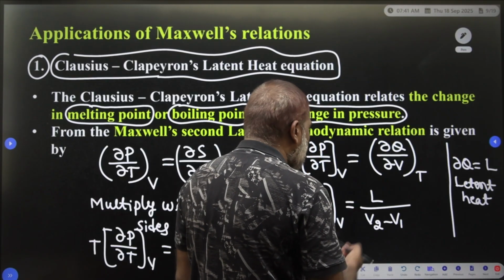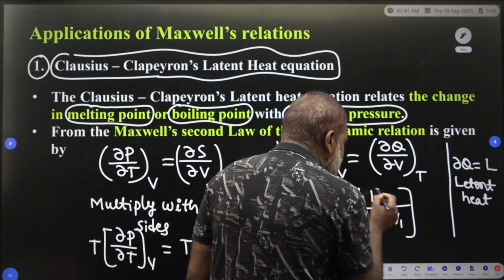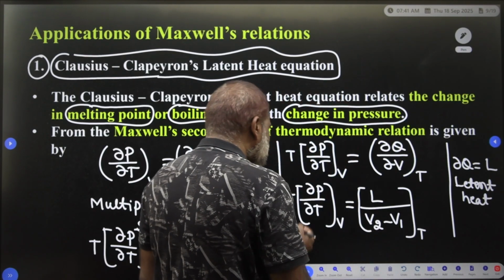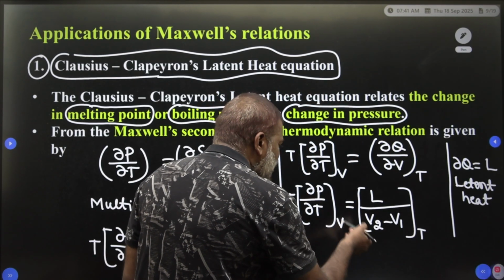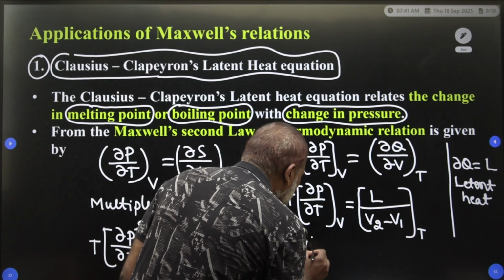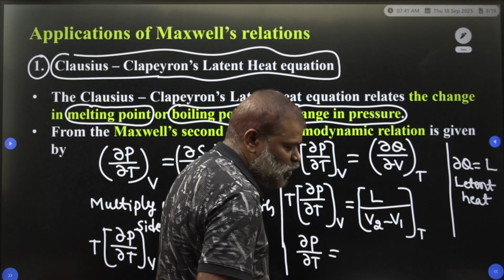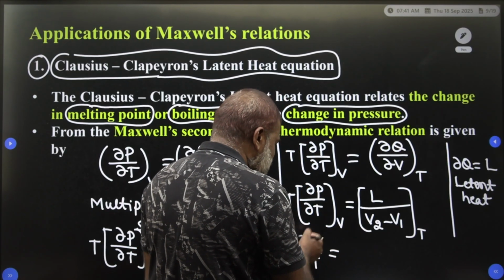So this temperature you bring to this side, and we see that ∂P/∂T is equal to the rate of change of pressure.